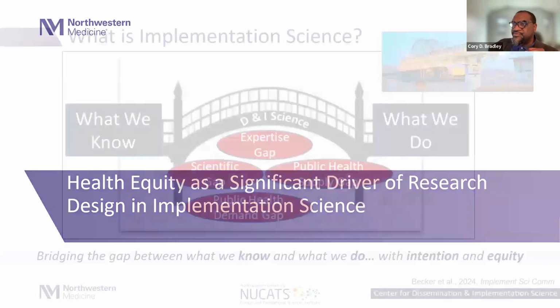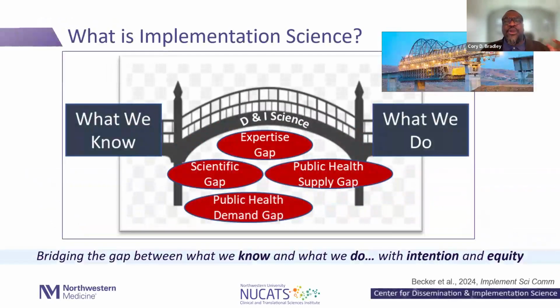Next slide, please. So I want to bring you back to the bridge, and those of you who are music heads understand that. Take me to the bridge. You saw this much earlier. Implementation science has been defined as what we do, so to speak, to bridge between what we know and our practice.